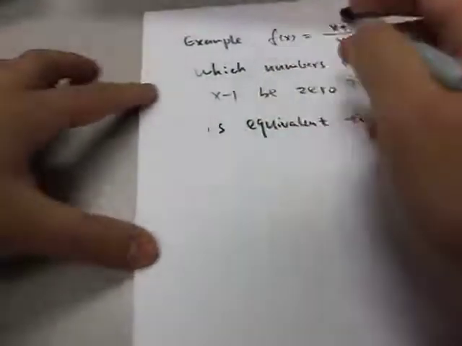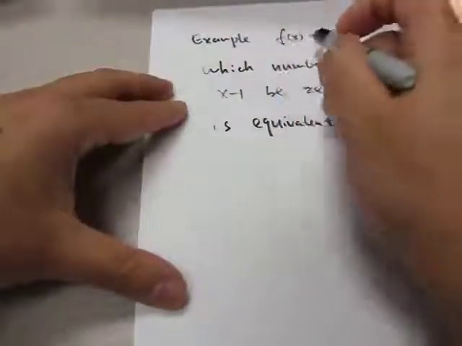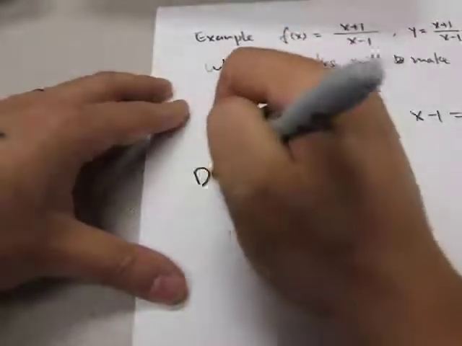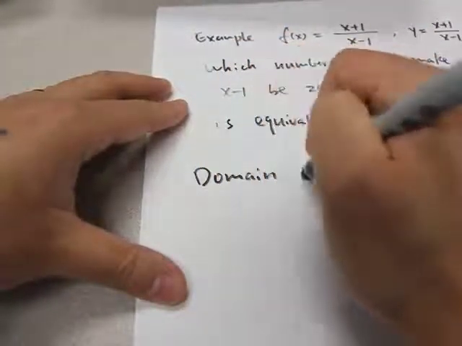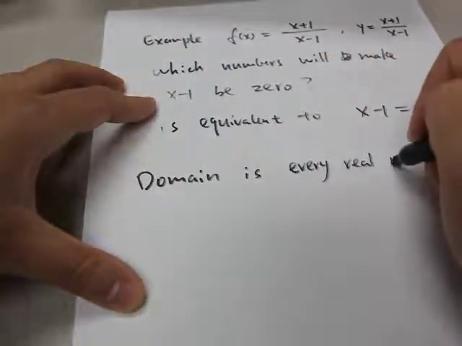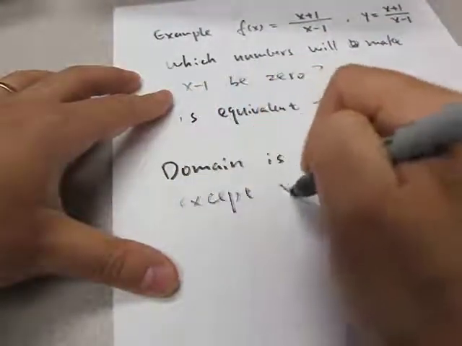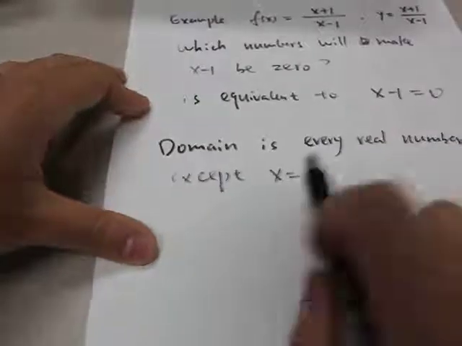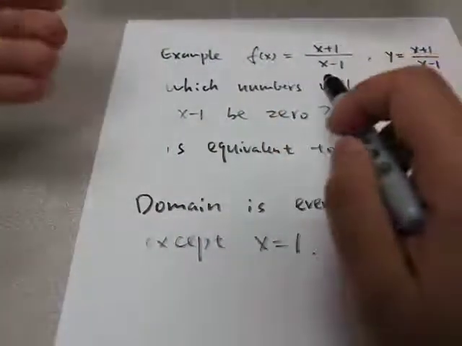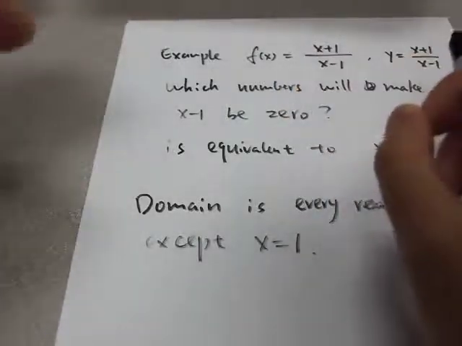So therefore, when we consider the domain of this function, f(x) equals x plus 1 over x minus 1, the domain is every real number except x equals 1. Because at x equals 1, if we use 1 as input, we're going to generate a weird thing.